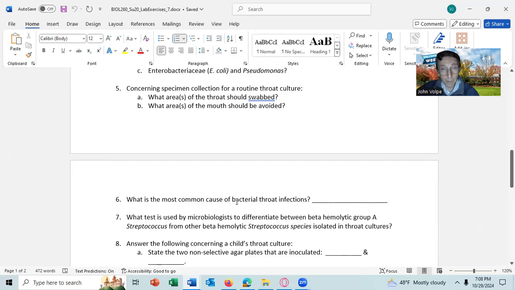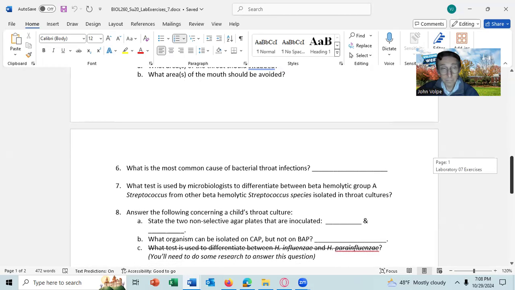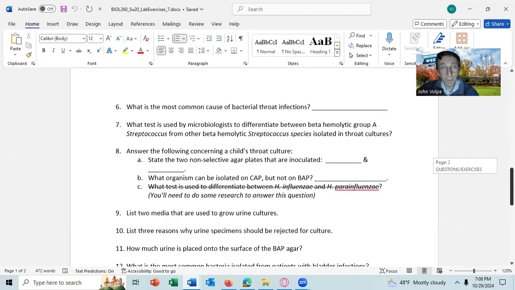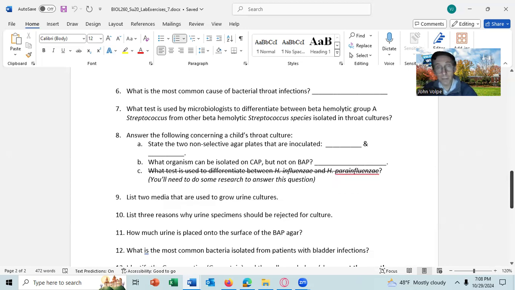It must be a bacteria and the most common cause. 7, what test is used by microbiologists to differentiate between beta hemolytic group A streptococcus and other beta hemolytic streptococcus species isolated in a throat culture?